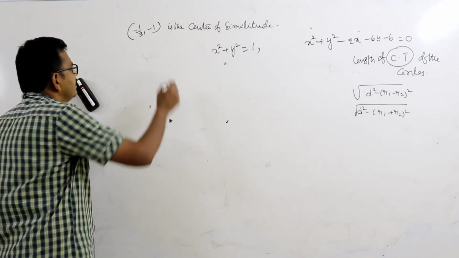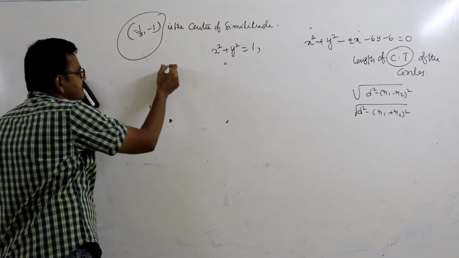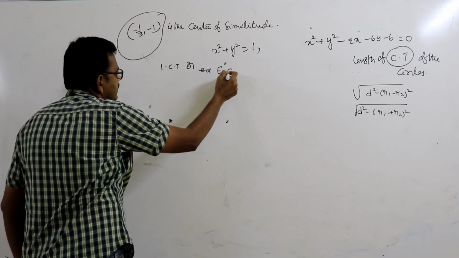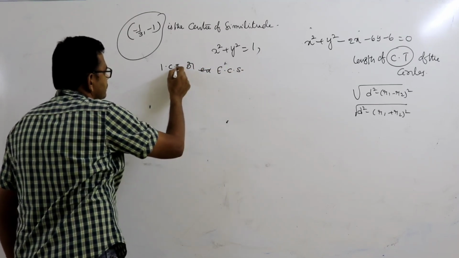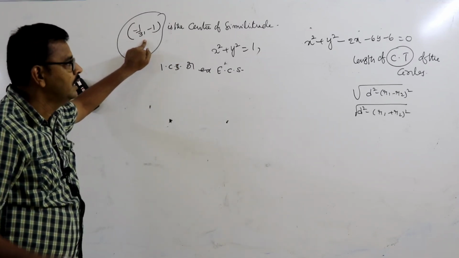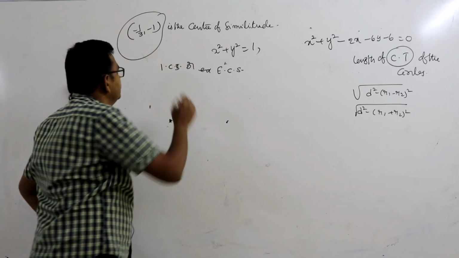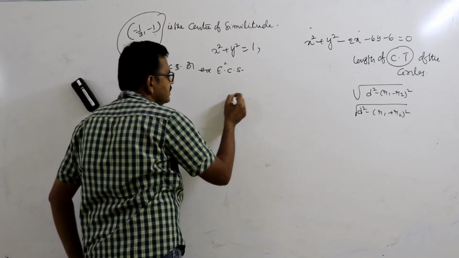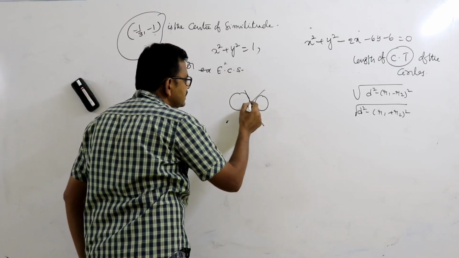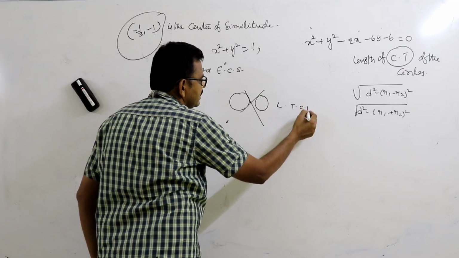First of all, we have to decide whether it is the internal center of similitude or the external center of similitude. If the point is the internal center of similitude, in this case we have to find the length of the transverse common tangent.